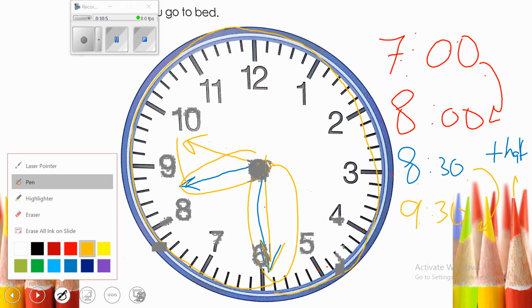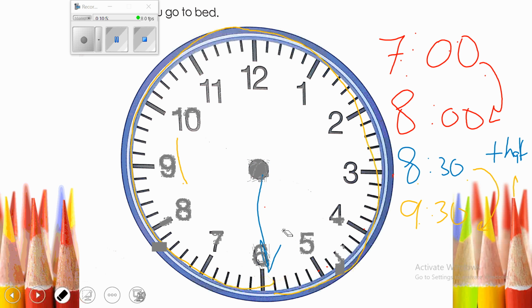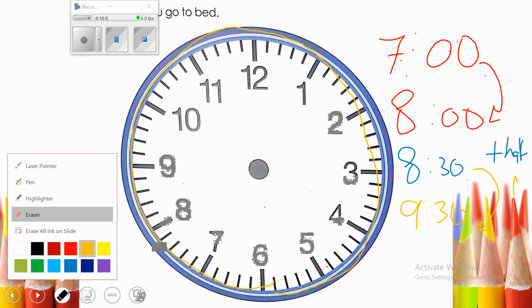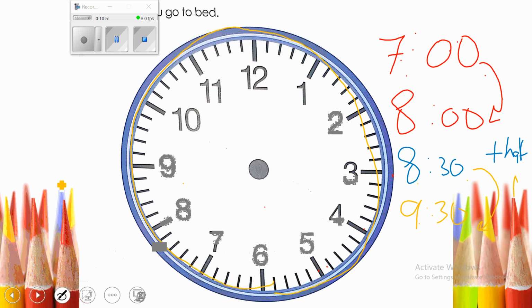Let's do another practice. If I have this hour, the minute on 6, and here is between 7 and 8. What hour now?